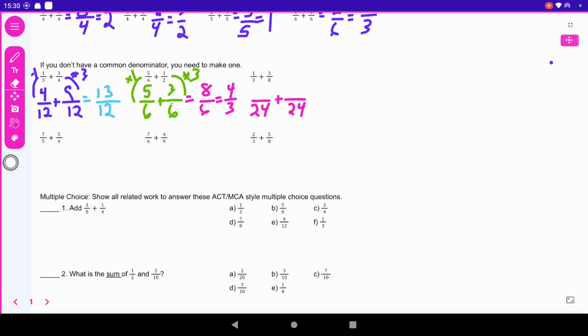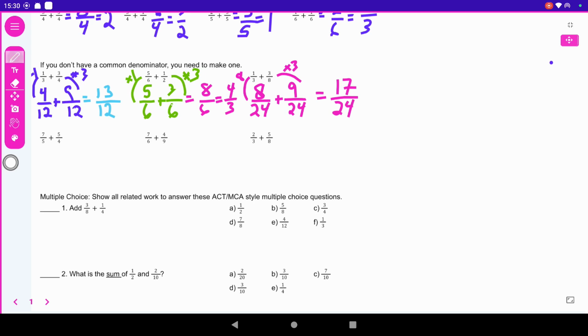So again, what do I multiply 3 by to get to 24? Well, 8. So I'm going to go 8 times 1. And then what do I multiply 8 by to get 24? 3. 3 times 3 is 9. Add the 8 and 9 and we get 17 over 24. And again, you should always check that these reduce.